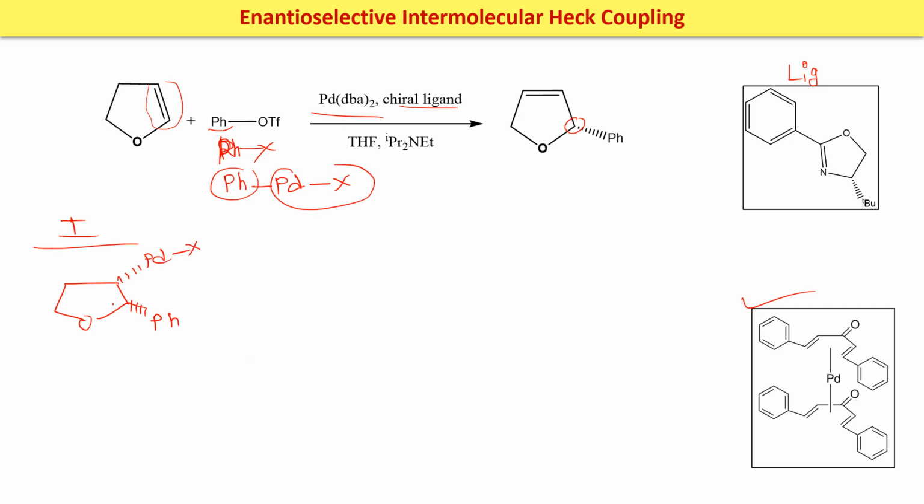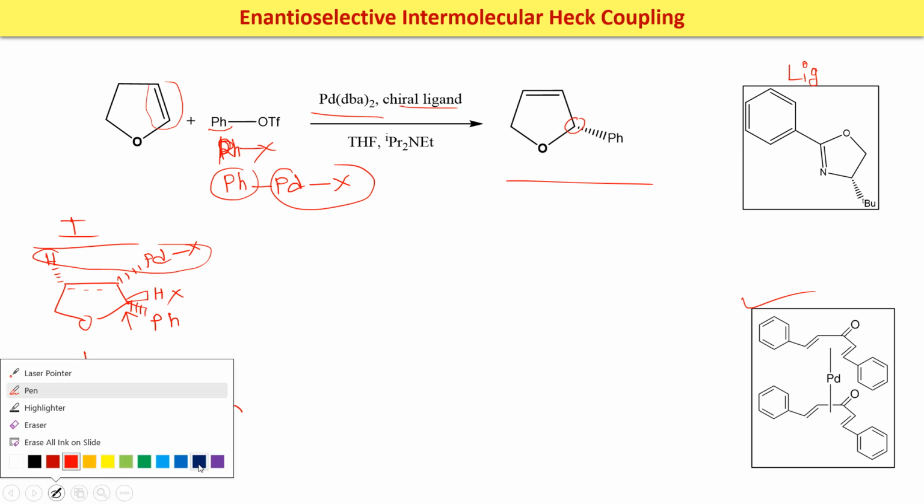So in this case, for the next step, beta hydride elimination, the hydrogen must be on the same side as PdX, and you can find that in this position, because the other beta hydrogen is not on the same side. So this hydrogen we cannot remove. Now when this H-PdX is removed, we are getting a double bond here, and that is actually drawn as a product here already, right?